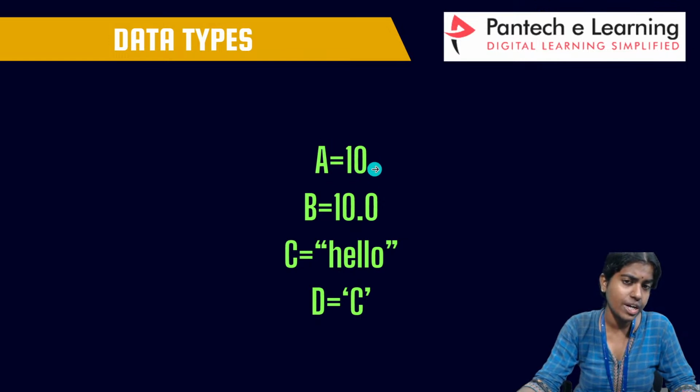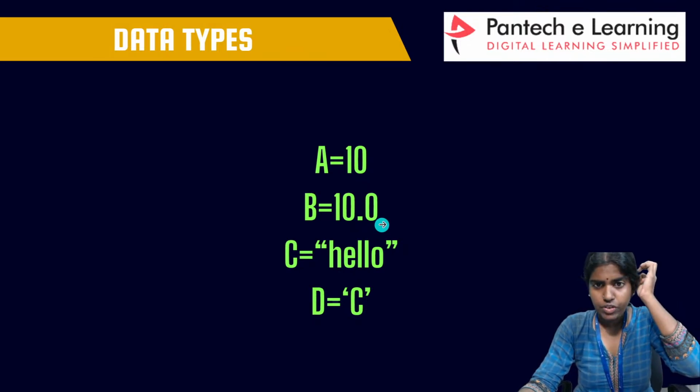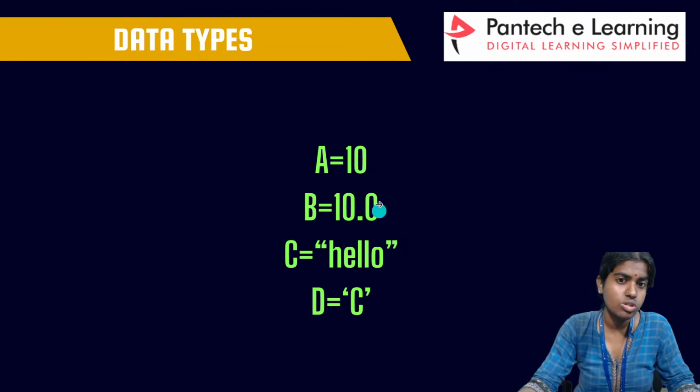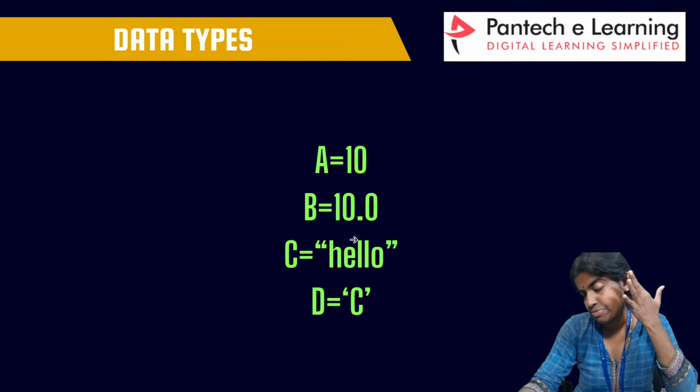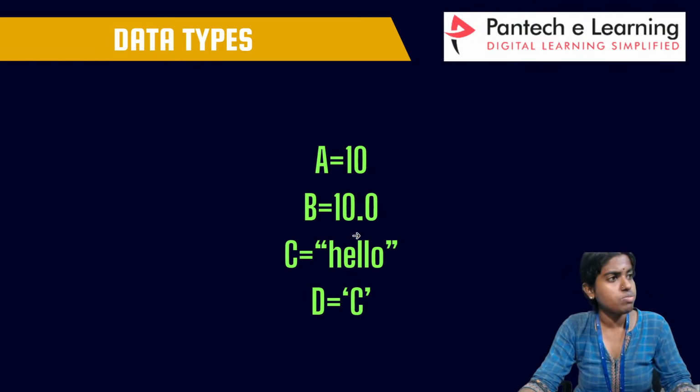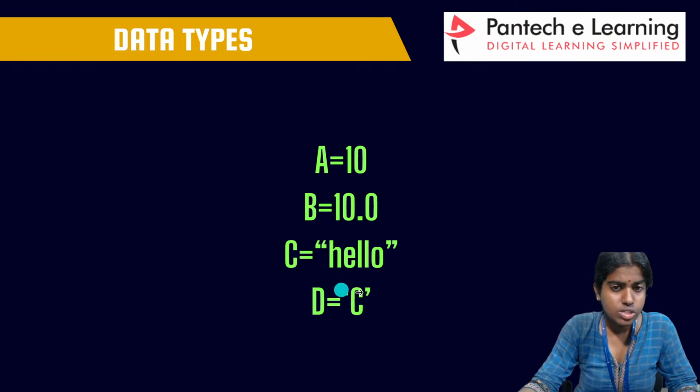I can go for integer data types, or I can go for floating point types. For example, if I initialize this value as 10.0, I can go for floating point types. Or I can go for string data types. If I want to enclose something within double quotes, I can go for string data types or character constant. So this is the corresponding syntax.